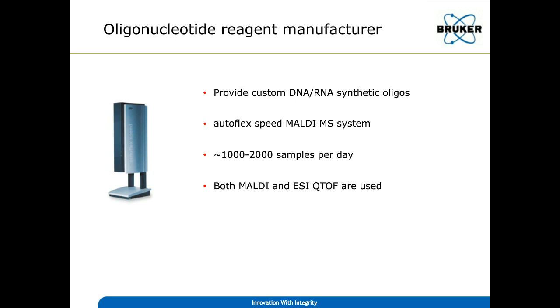They use the AutoFlex Speed MALDI system to quality control their oligonucleotides. The overall throughput is typically 1,000 to 2,000 samples each day. And both MALDI and electrospray ionization are used. The first pass is MALDI and the second pass is the QTOF for samples that provided poor quality MALDI spectra.